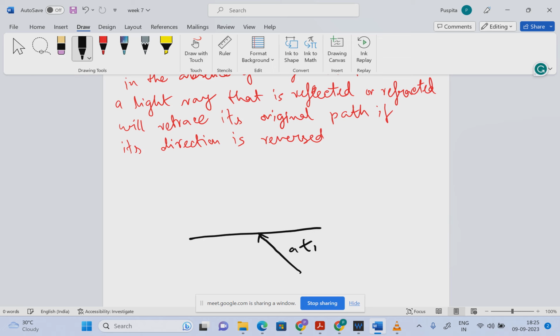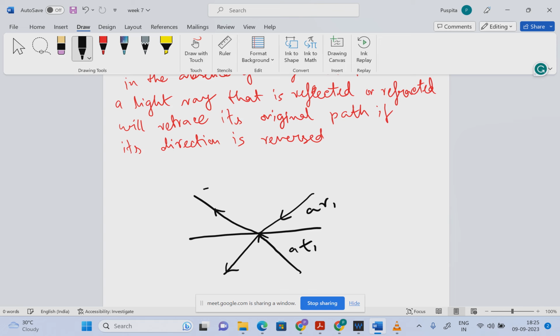Part of this ray will be reflected and part transmitted.